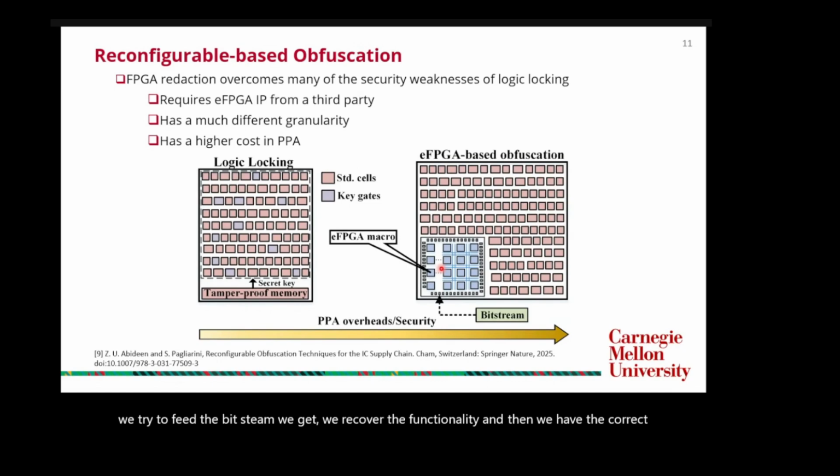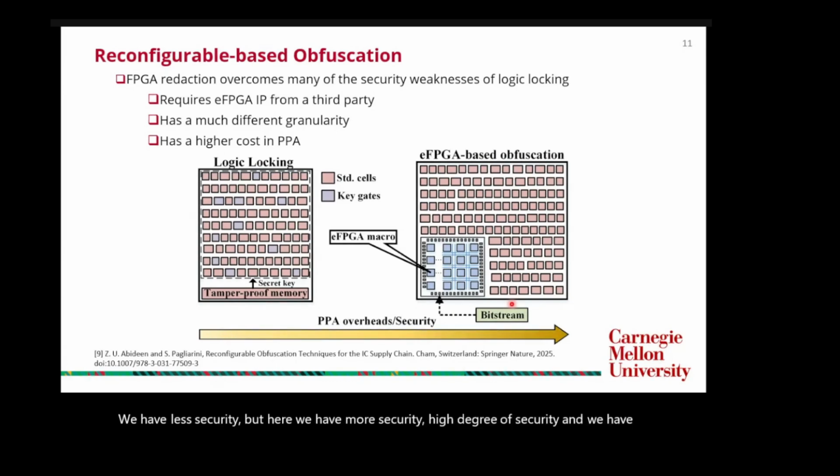Okay, let's compare this with logic locking. What happens if we move from left to right? In the case of logic locking, we have less PPA, power, performance, and area overhead. We have less security, but here we have a high degree of security, and more power, performance, and area overheads.